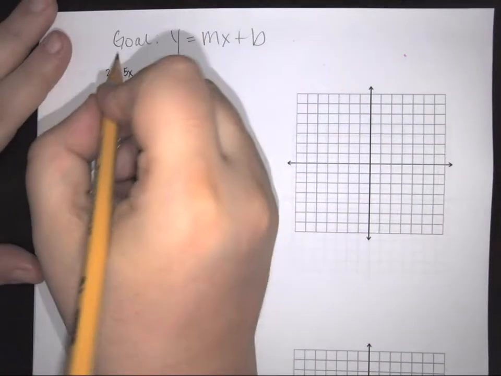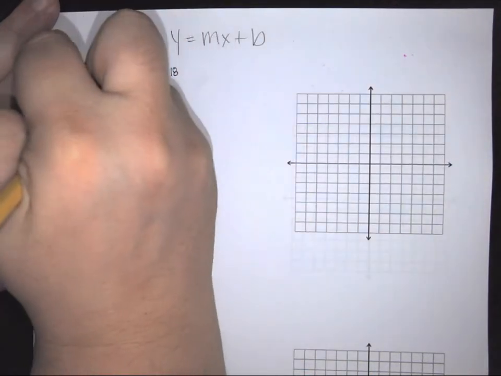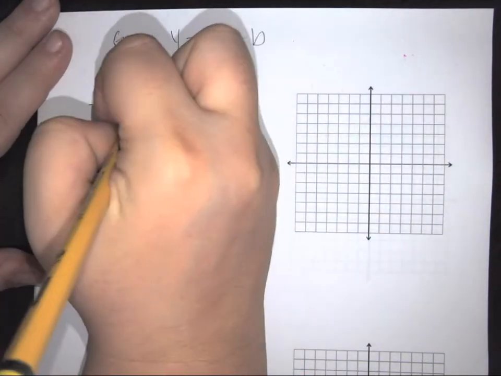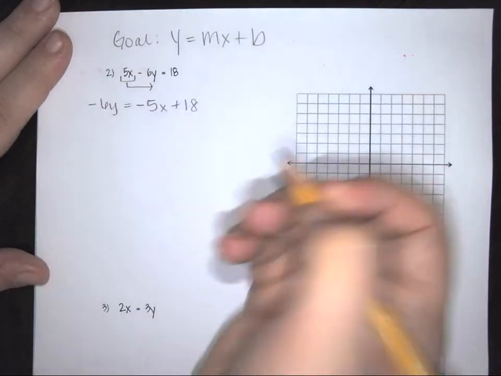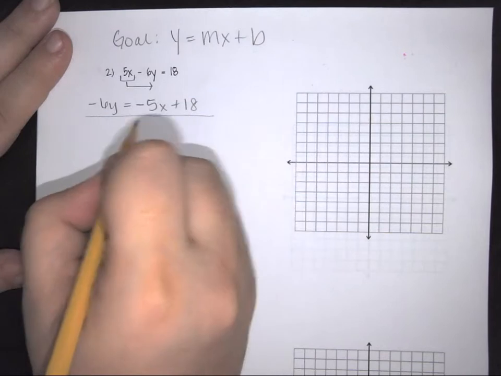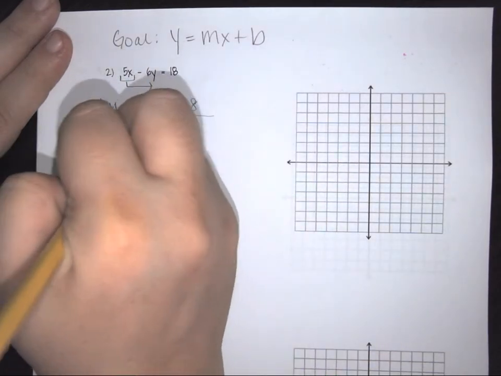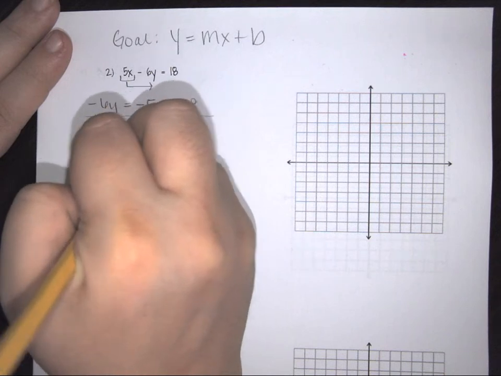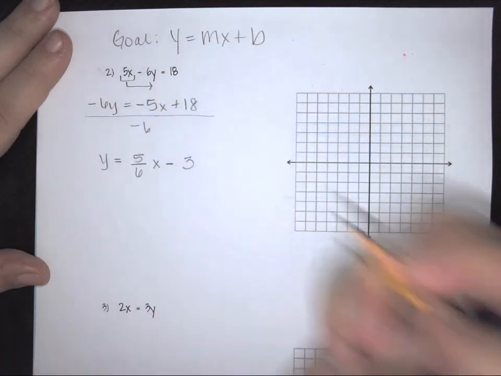So here the first thing I would do is take this 5x and move it over. So I get negative 6y is equal to negative 5x plus 18. I need to divide everything by the negative 6. So I get that y is equal to 5 over 6 x minus 3.